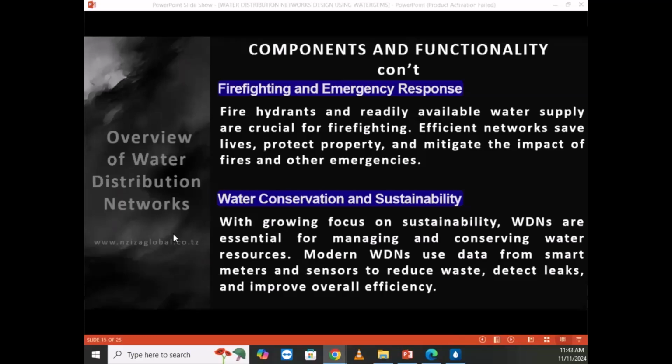So by designing, as we saw before, a good and efficient network, you will be able to know where the wastage is being produced, where the leakage is being detected, and how to intervene quickly. Because you will have the whole system in your machine or in your model, it will be easy to locate where the wastage is produced and where the leakages are detected.